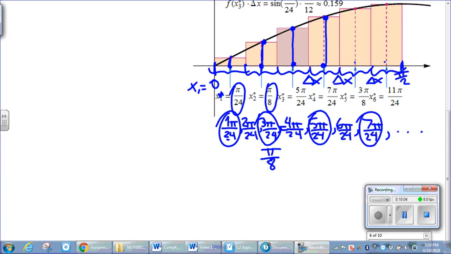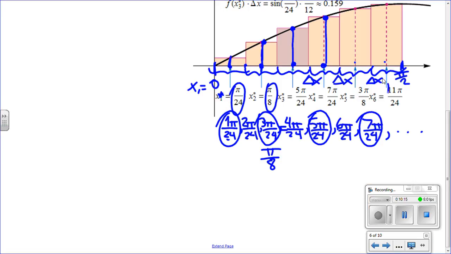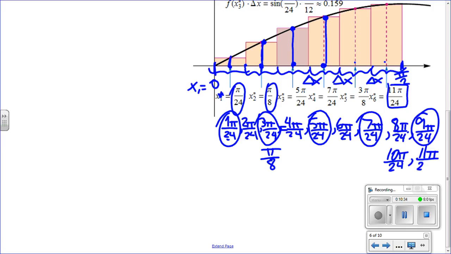Okay, let's continue. How many midpoints do we need in total? Six, right? So far we have 4 of them. The other ones: we'll have 8 pi over 24, which will not be a midpoint, but then we'll have 9 pi over 24, and then 10 pi over 24, not a midpoint, and the last one will be 11 pi over 24.